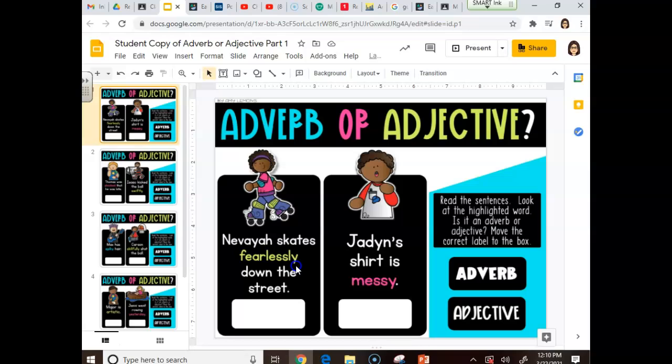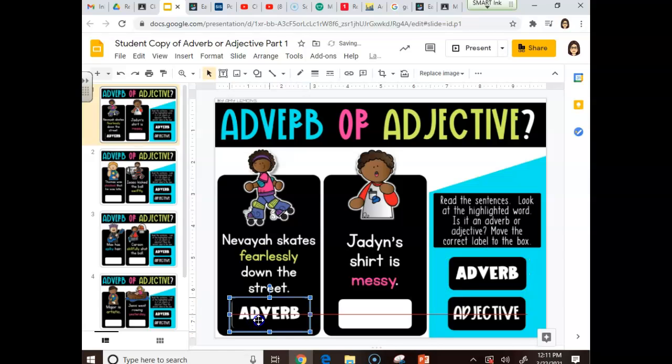The verb. So what's your action word in this sentence? Skates. So let's see if it tells us how, when, or where she skates. All right, so does it tell how she skates? Yes, it does. She skates fearlessly. That means without fear. All right, so this first one is an adverb.